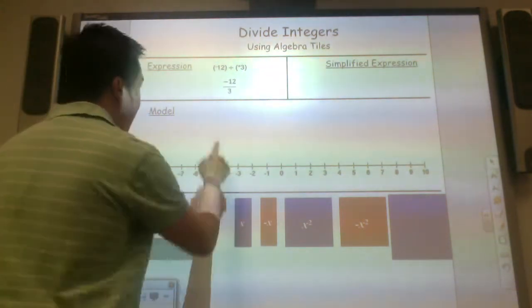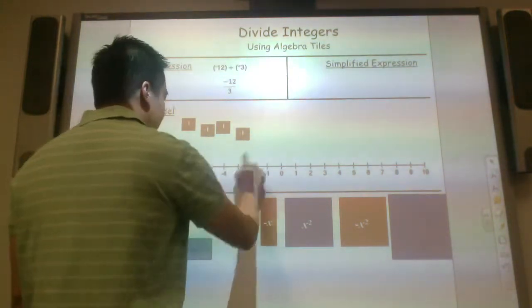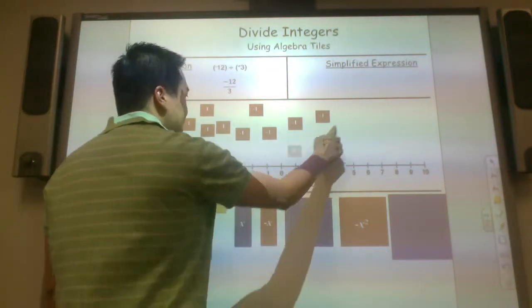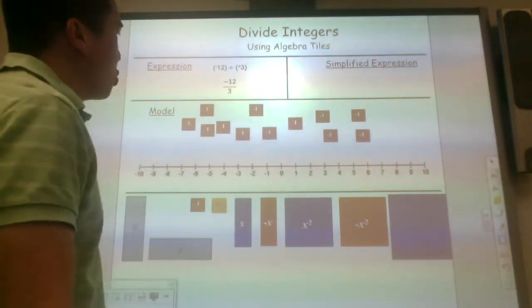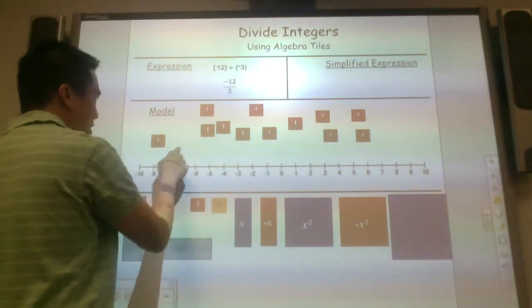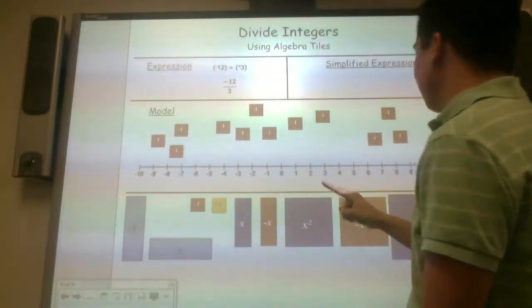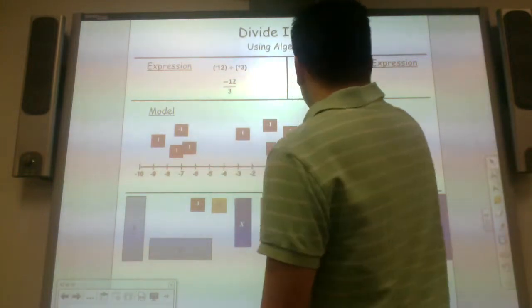And here we have 12 negatives. 1, 2, 3, 4, 5, 6, 7, 8, 9, 10, 11, and 12. Divide it into 3 groups. Wait, need one more here.